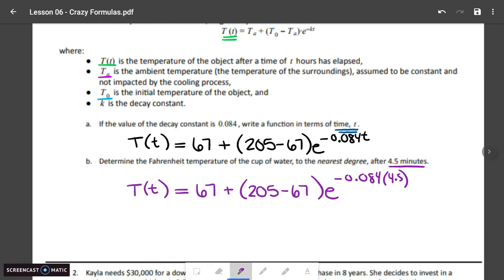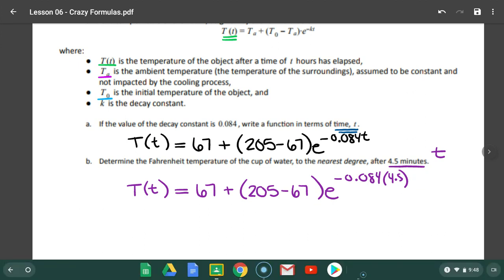Now remember, everything here can just be plugged into the calculator as long as you're careful. 67 plus parenthesis 205 minus 67. E, remember we learned yesterday, that is not a variable we're plugging into. E is Euler's number. That is a button on the calculator that we're going to plug in and raise everything in there. So pause the video and make sure you're practicing with your calculator and just plug that in for a moment and see what we get.